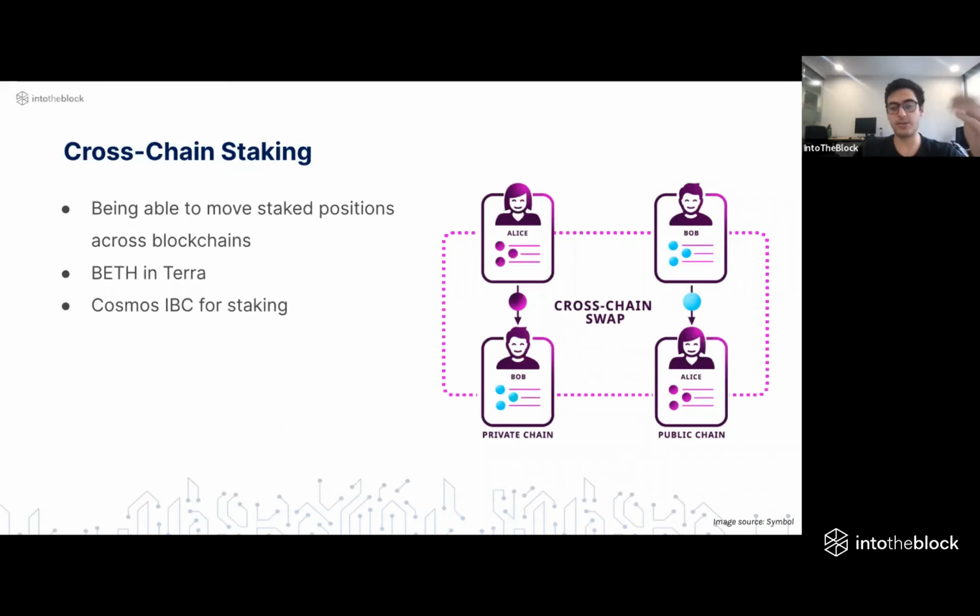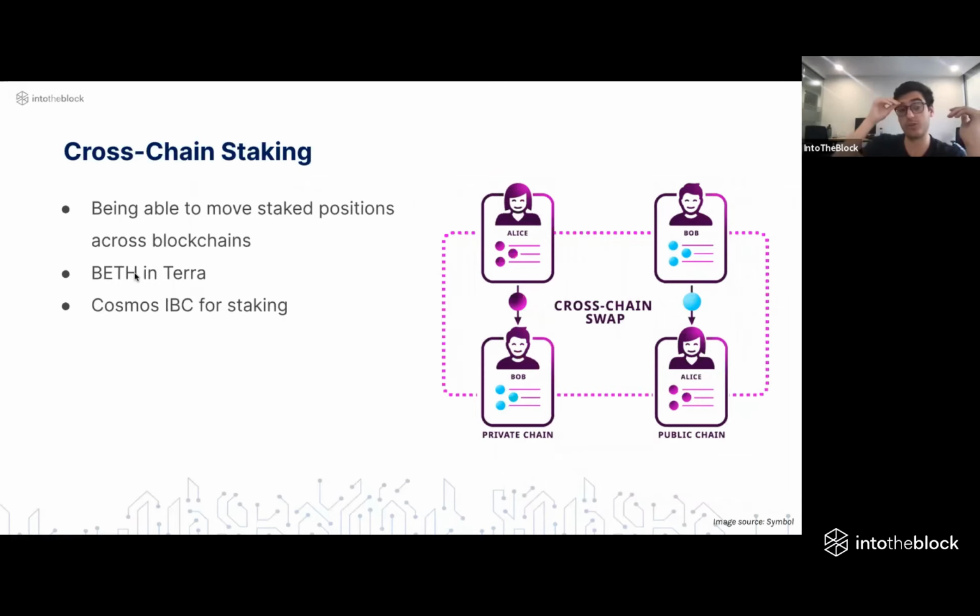Another thing that's a bit further down the line, but we're starting to see the early developments for, is cross-chain staking. So what I mean by that, of course, is that the staking itself will occur in the base layer that you're using, but the liquid staking can go cross-chain. And we're starting to see that with Lido's bETH derivative token in Terra.